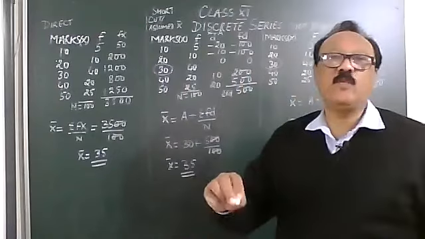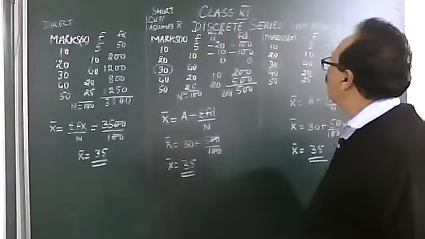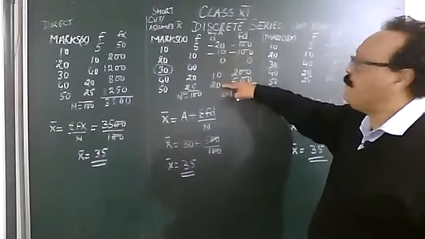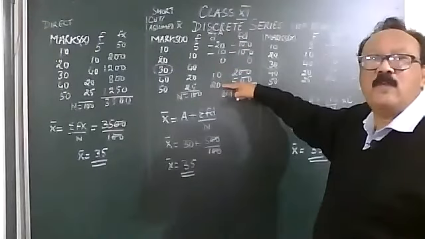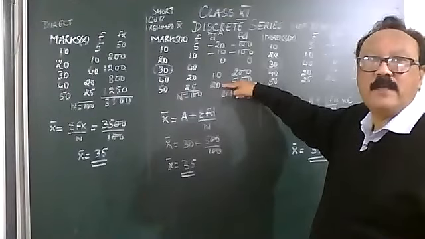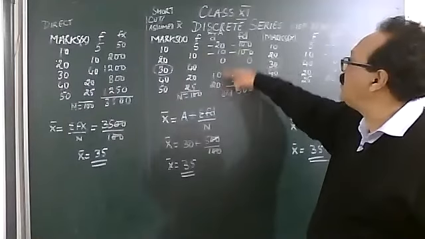Step deviation is just one step extra. Why do we do that one step extra? So that the deviations which we have could be further simplified, made a smaller number. How do you make it into a smaller number? By dividing these numbers by a common factor. What is the common factor which can go into all this?